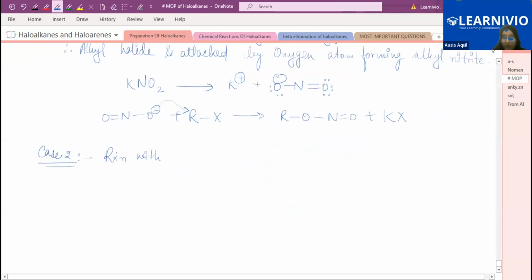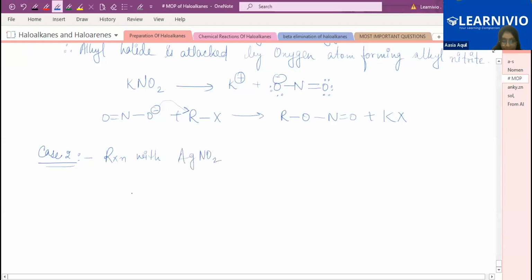What will be the product when you treat the alkyl halide with NO2? Write the mechanism of the reaction. This type of question can come. So the second case is reaction with AgNO2.